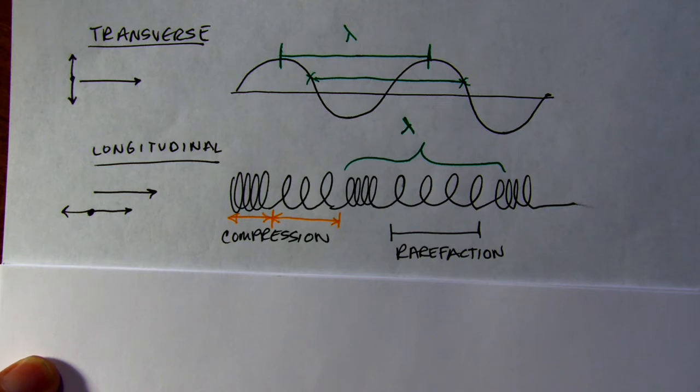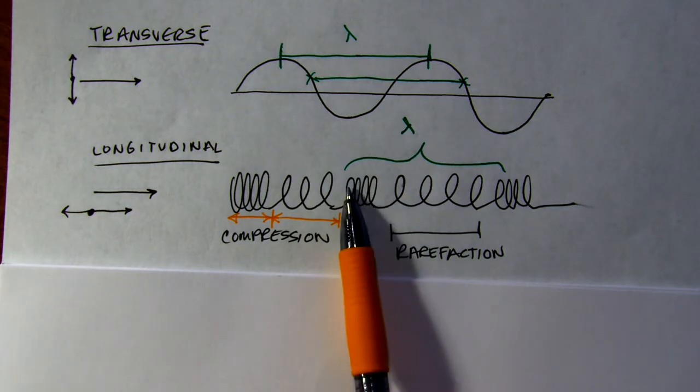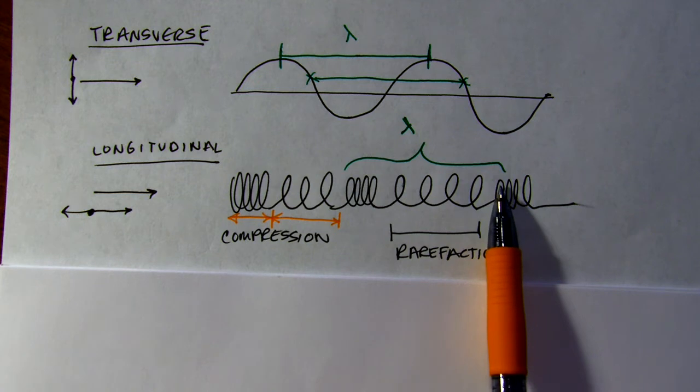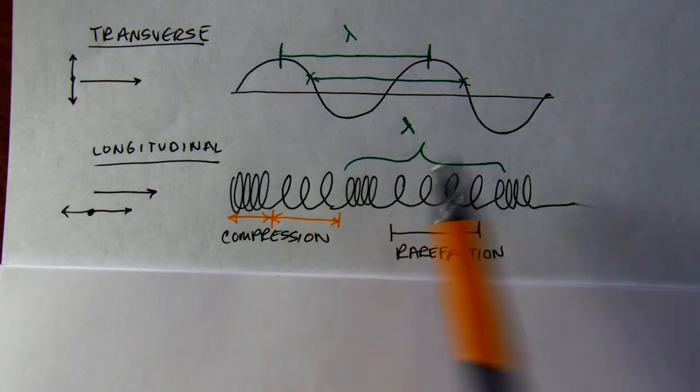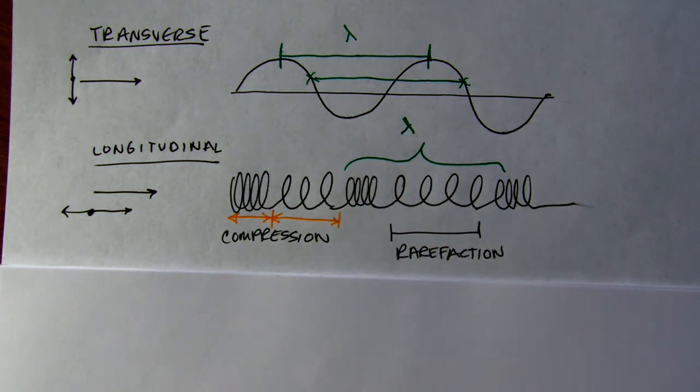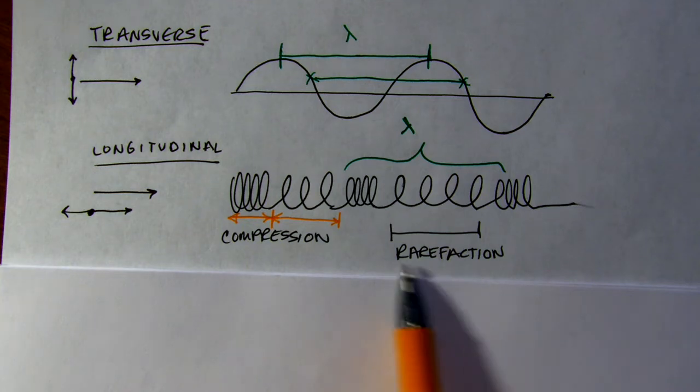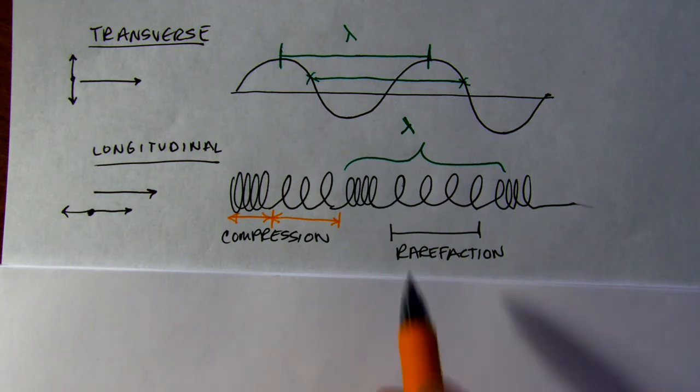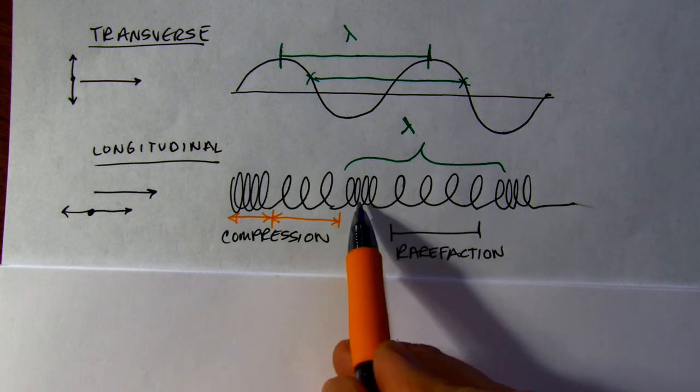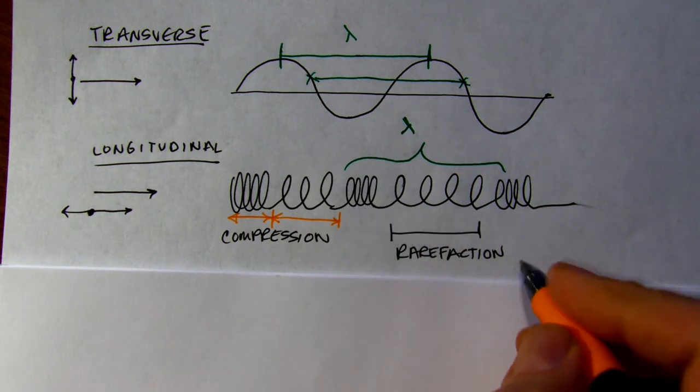But together, they combine when you go from the start of a coil, a compression here, to the start of the next one, and that's the wavelength. So there's some comparison there. We shouldn't worry about that. A rarefaction is a place where there are open coils, and this is the compression, which makes sense.